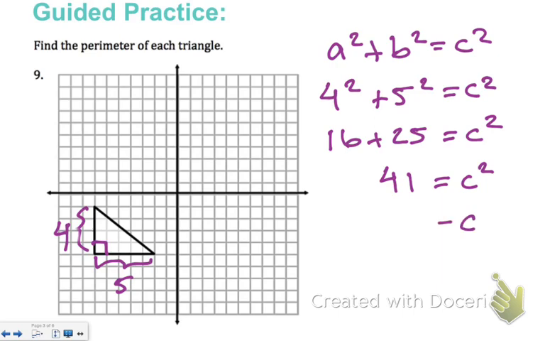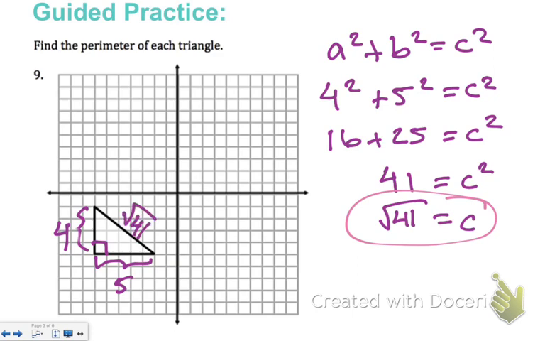So the exact answer here, c, is equal to the square root of 41. We're going to leave all of our answers today in exact form, unless it tells you to round. Otherwise, you're leaving it as a square root if you can't simplify it, if it's not a perfect square number. So now we have our 3rd side of the triangle, which is the square root of 41.